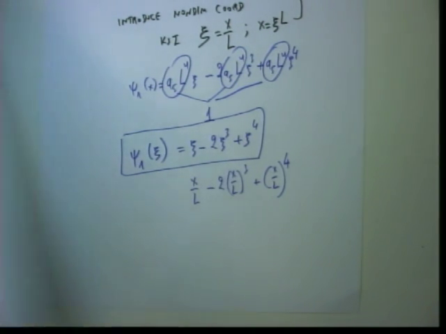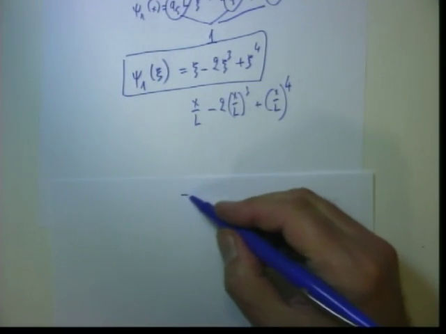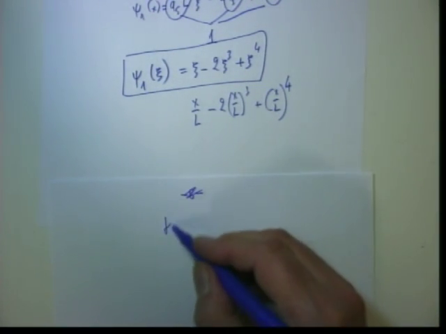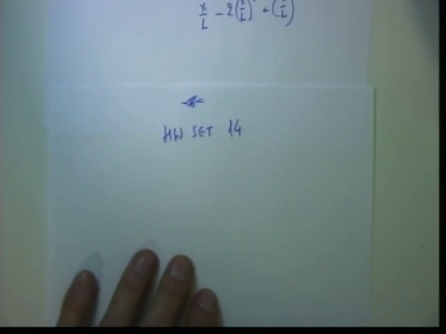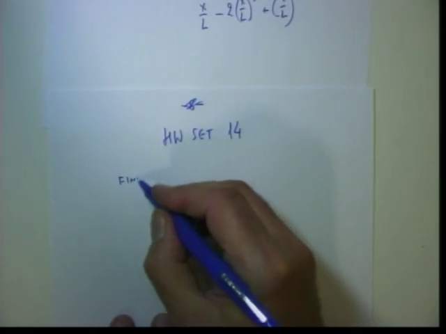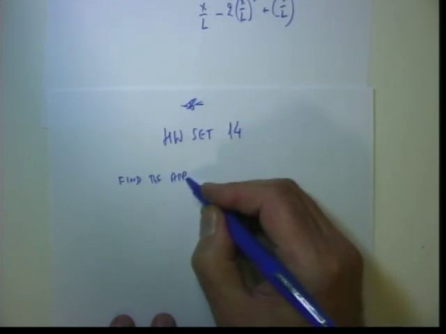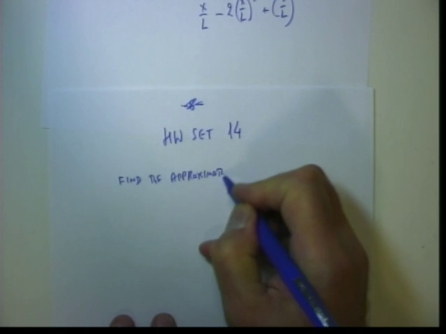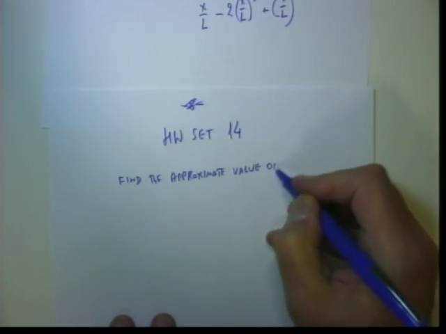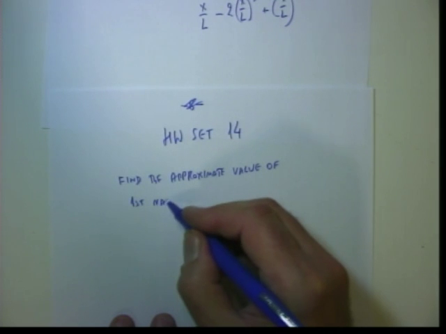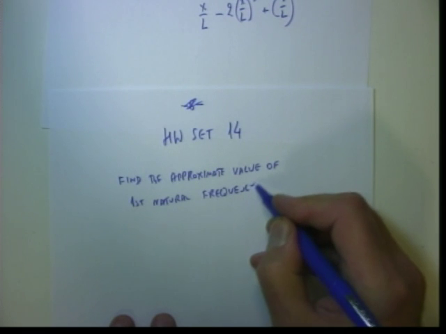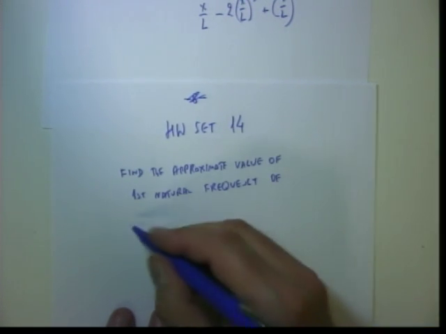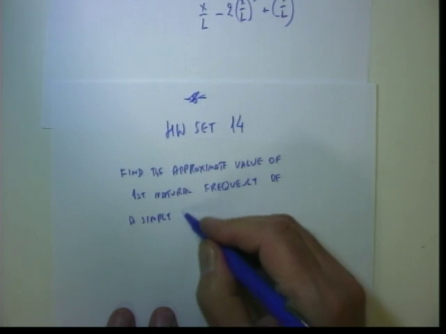Now I will give you a homework. Oh no, homework set. What is the set number? 15? 14. Find the approximate value of the first natural frequency of a simply supported beam.